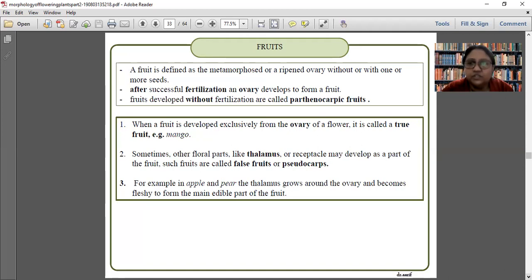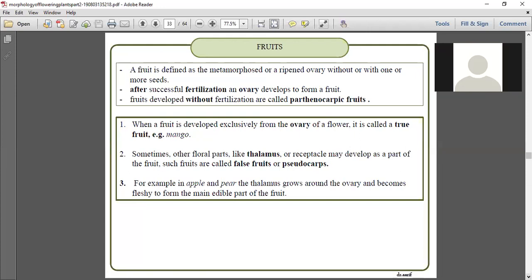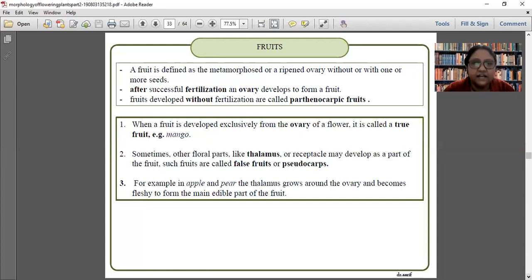There are hormones like auxin, cytokinin, and gibberellin. I guess you heard about them in grade 10. Yes, ma'am. So these are the hormones which are responsible to induce parthenocarpy in plants, and that is the way by which fruits are produced.